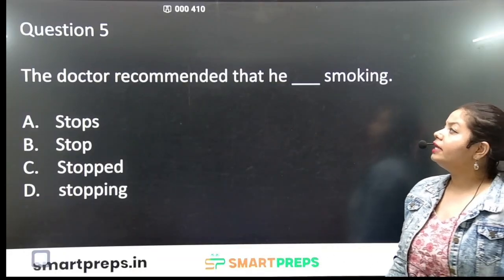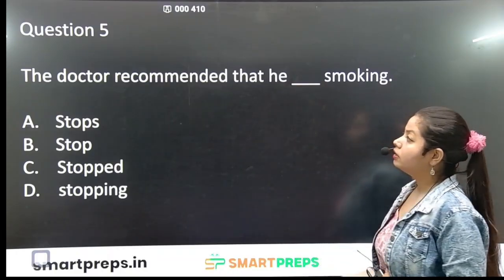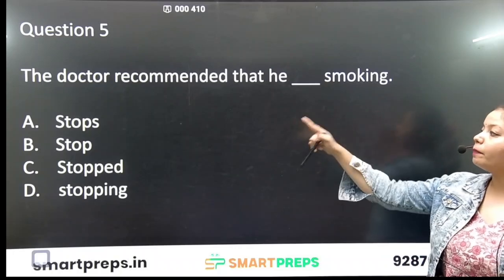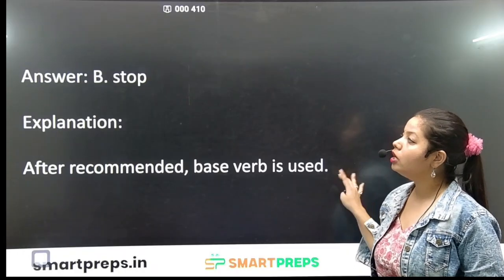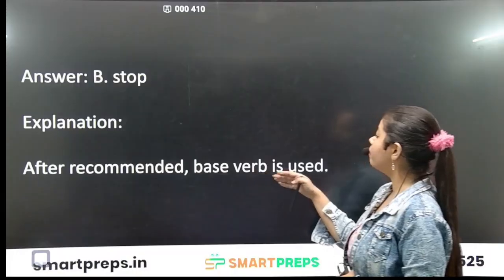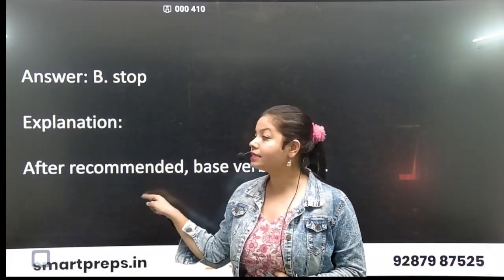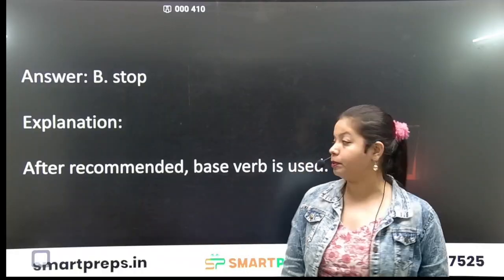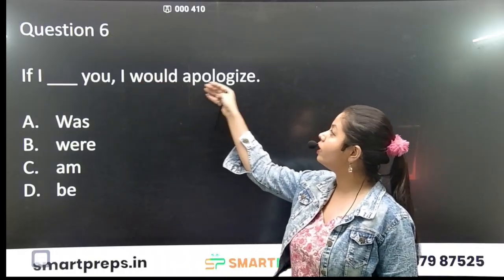The doctor recommended that he dash smoking. Options: stop, stops, stopped, stopping. Which will be the answer? That he stop smoking will be the answer, because after recommended, the base form is used. These words, like recommended, are common trigger words that I explained. Next: if I dash you, I would apologize.